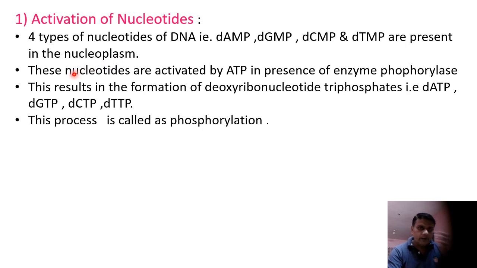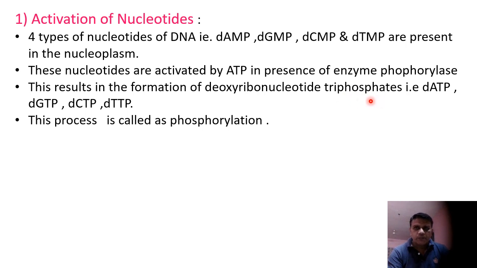Then these nucleotides are activated with the help of ATP, that is, adenosine triphosphate. ATP are energy rich molecules. So with the help of ATP, in the presence of the enzyme phosphorylase, these nucleotides get activated and deoxyribonucleotide triphosphates are formed.